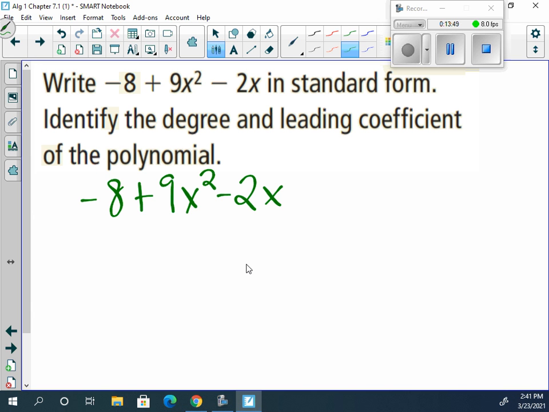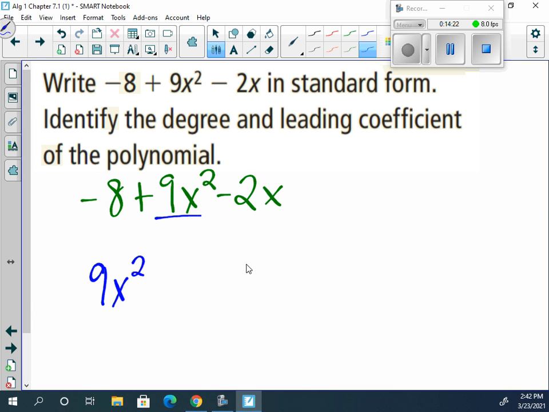Okay. So when we look at this here, we need to write it in standard form. So what term would go first? We're looking for a variable with the biggest exponent, which would be 9x squared. That would be first.